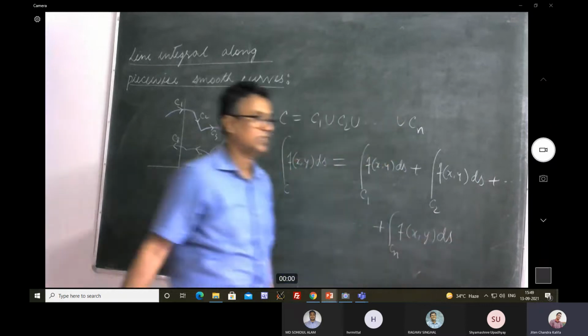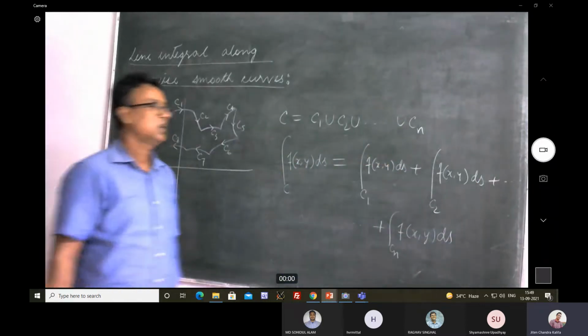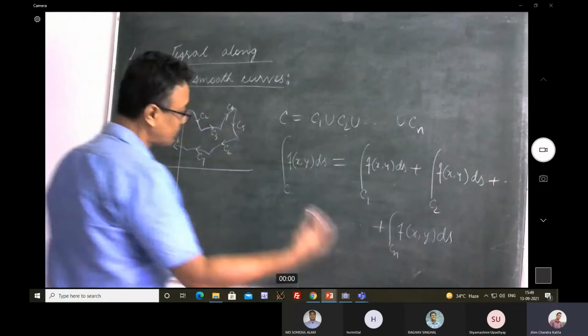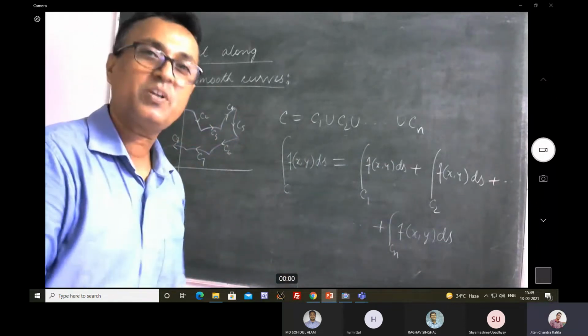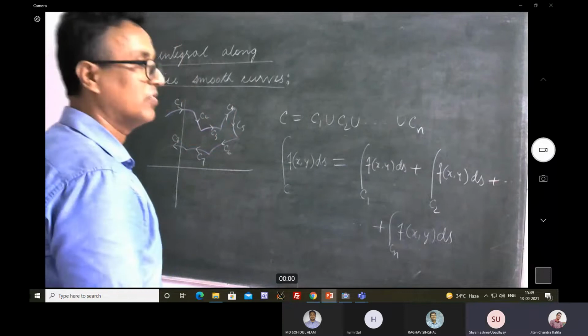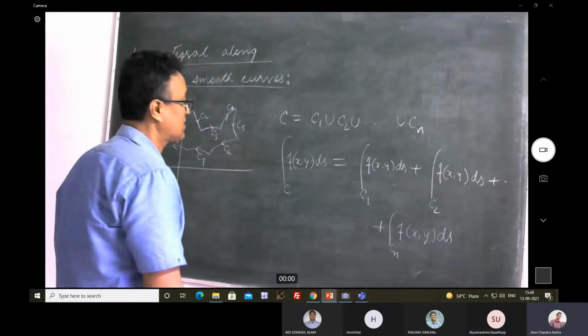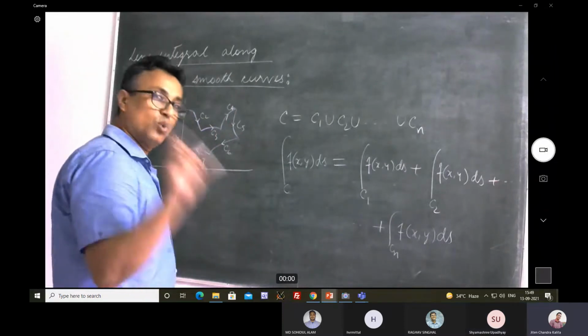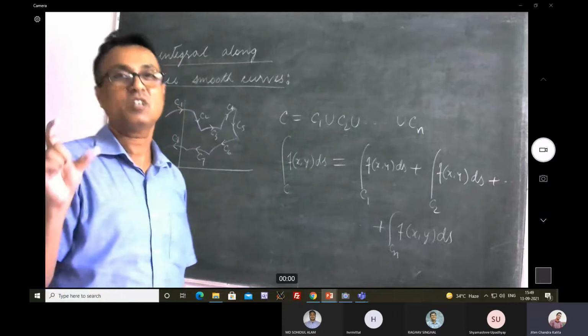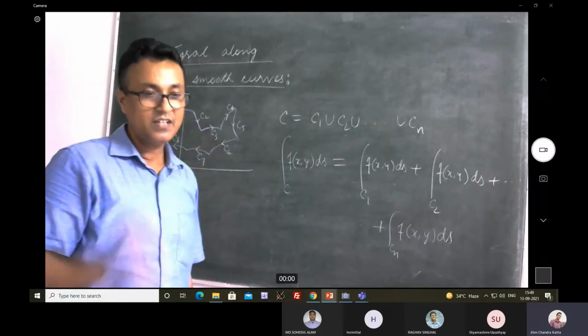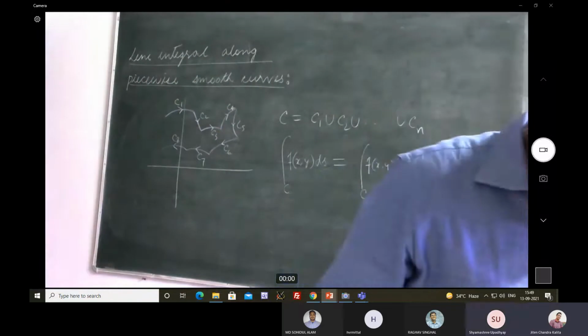That's it. It is as easy as this. So basically, you have to express it as a sum of integrals along those curves which are individually smooth. Okay, fine. So let us try to work out one example.